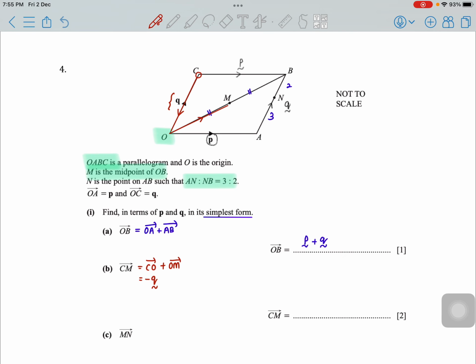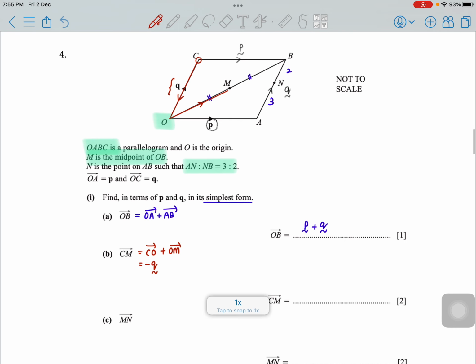How do I find the OM now? OM is exactly half of OB. Half of your OB. See, the starting point here is O and the starting point here is also O. Then I know the direction is similar to what we have gotten here. So let's write half (P plus Q). And I have to simplify my answer.